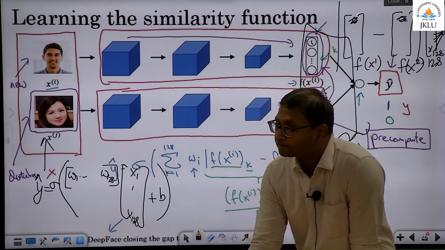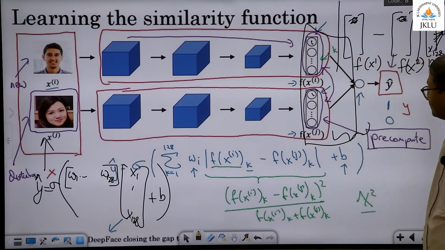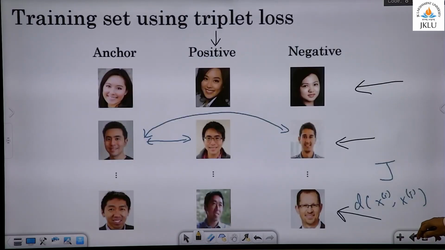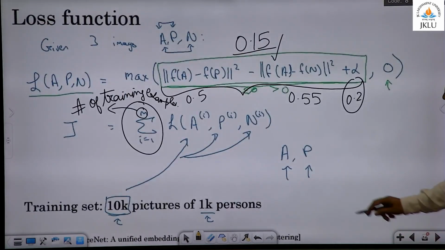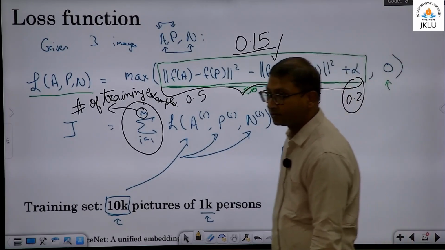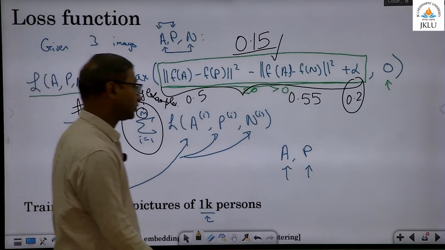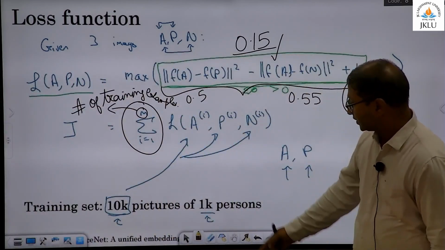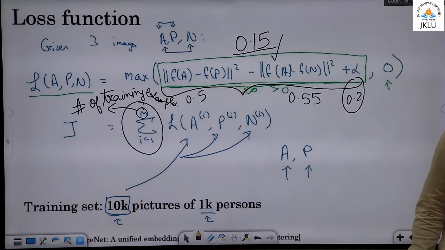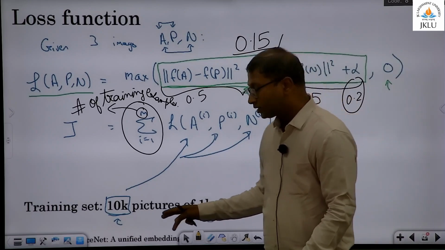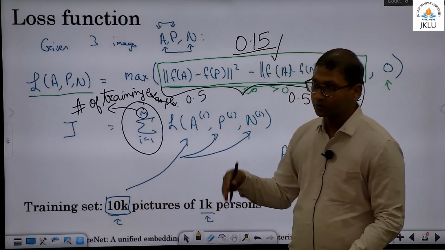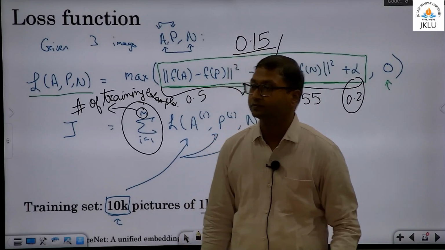Sorry? What you are saying is coming from this. So in your database, will you store multiple images of the person? That's a good question. But this was for the training time. For the test time, you don't need a database 10 times larger than what you actually are looking for.